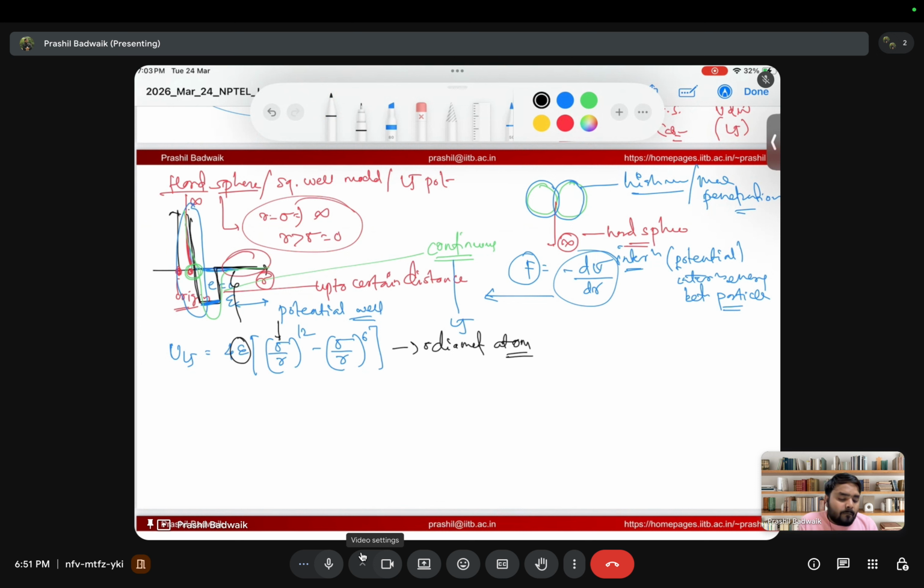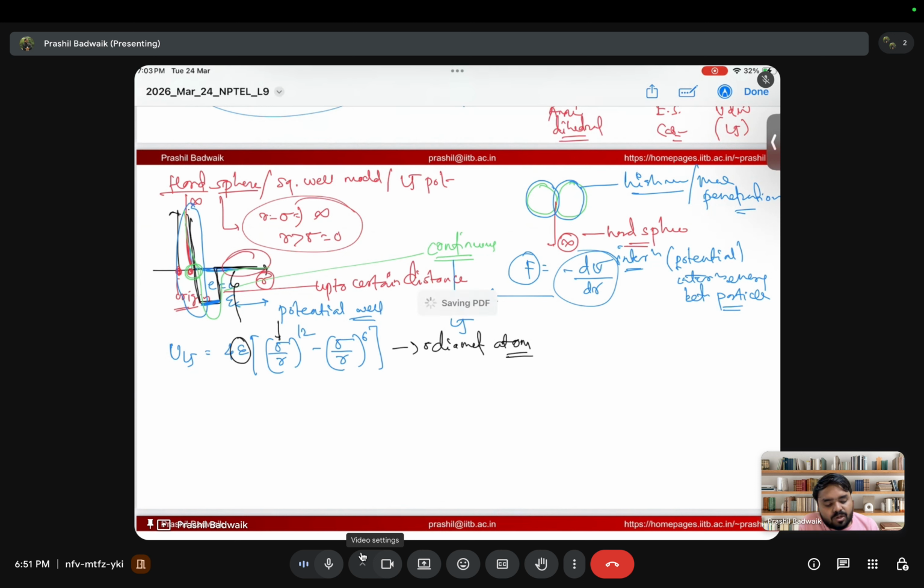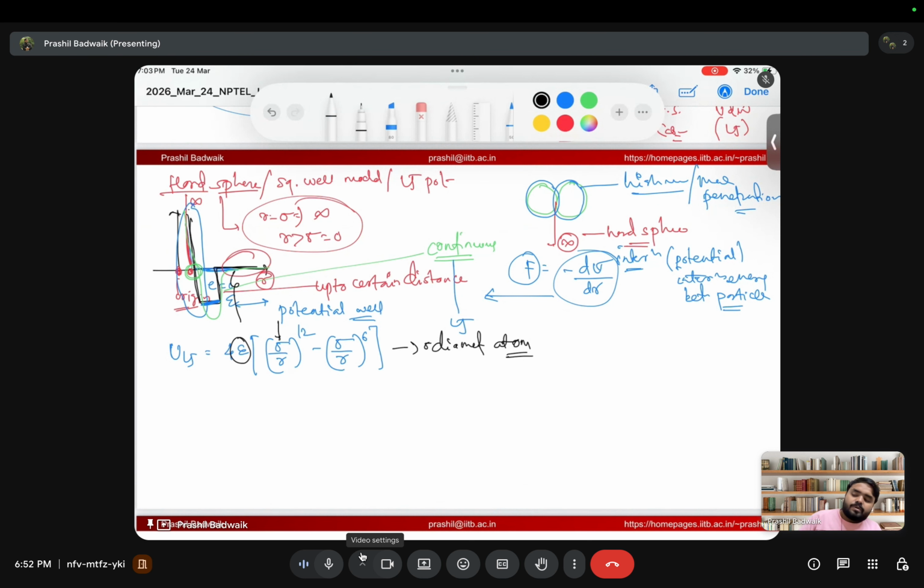Now we have to tune the values of these parameters. Epsilon is the interaction strength between atom A and atom B, and the value of sigma will tell you up to what distance the penetration of two atoms is possible. Correct? So diameter and these things.